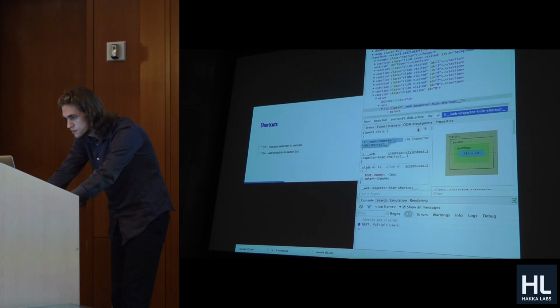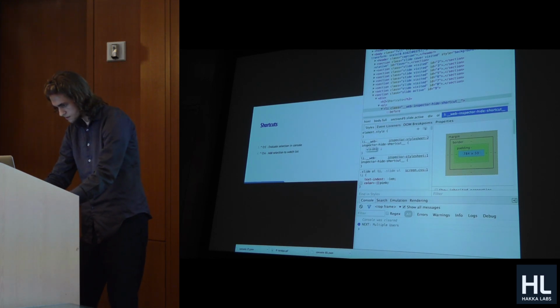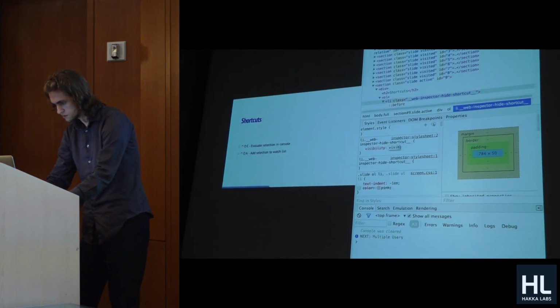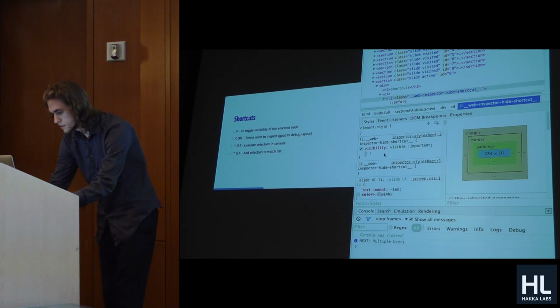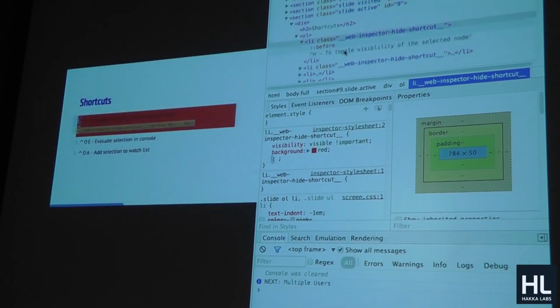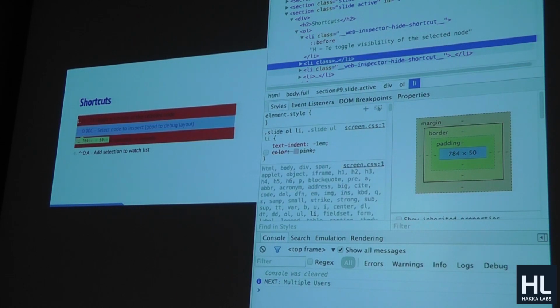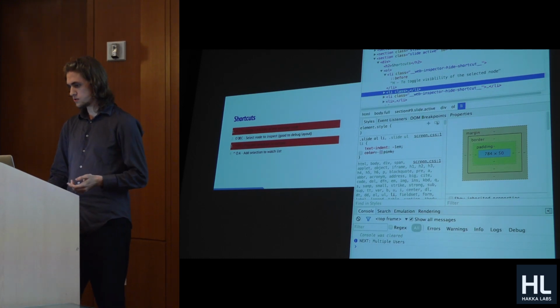So what we can do is assign some style, and now let's make it background. So now when I hit H, it will toggle the background instead of hiding it, which can be really cool for debugging.